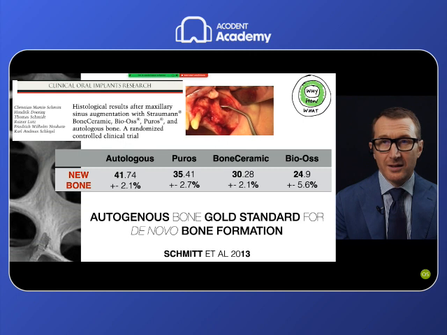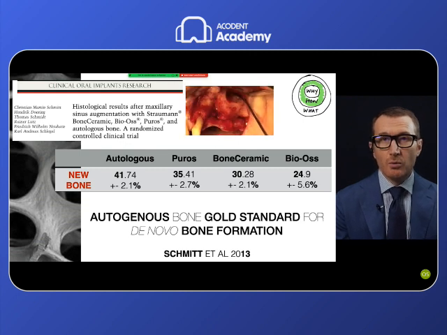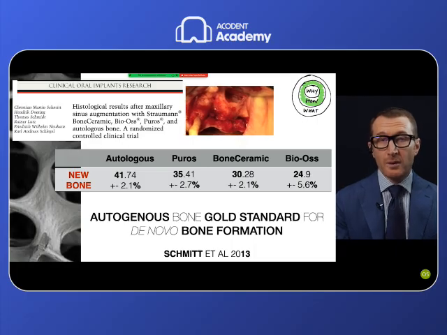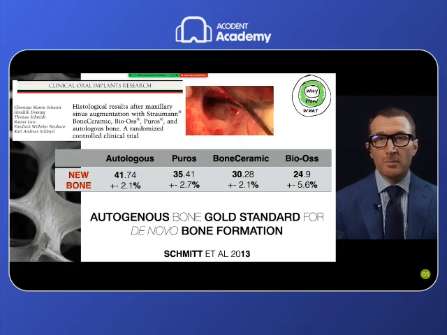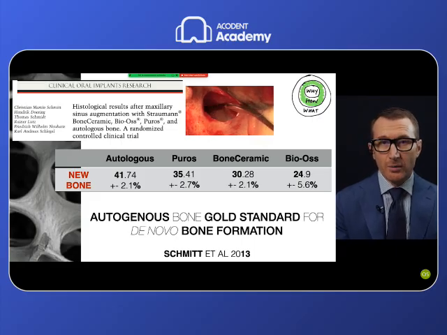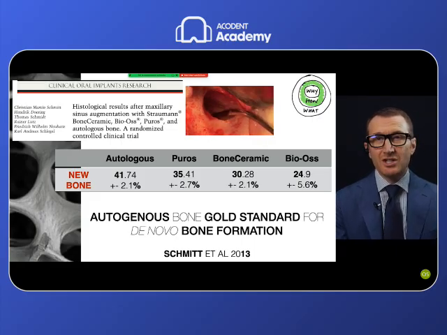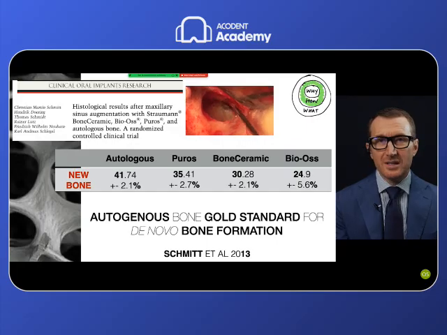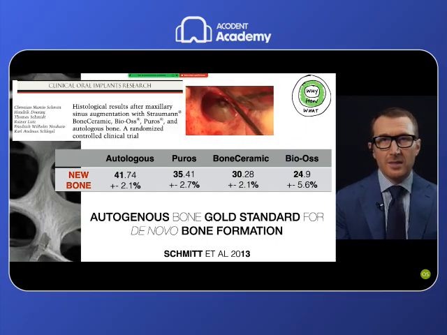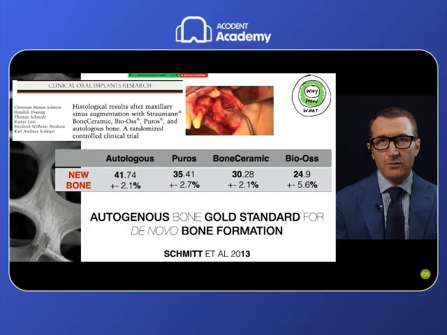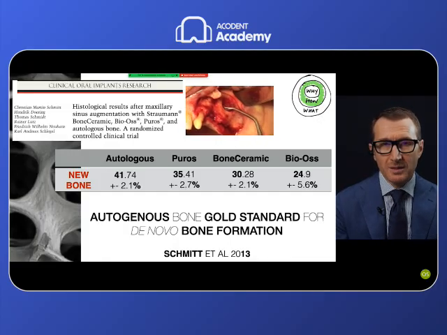And this has also been demonstrated in a randomized controlled clinical trial in the sinus, where autogenous bone was performing much better compared to homologous, synthetic or bovine bone. So in the sinus, which is a highly predictable environment, bone formation works much better if you have autogenous bone as a graft material.